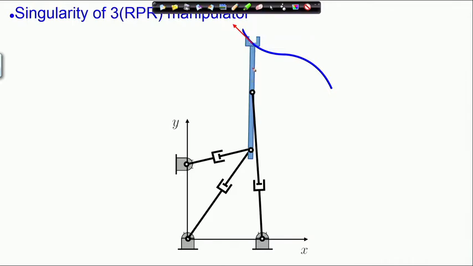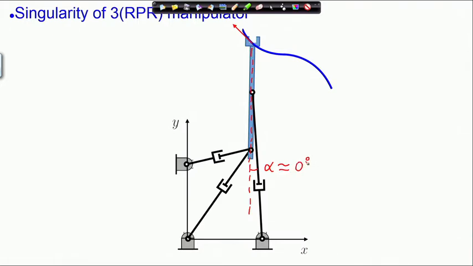This manipulator is very close to singularity because the output link and this actuator angle, this angle, let me call this alpha, is very close to 0.